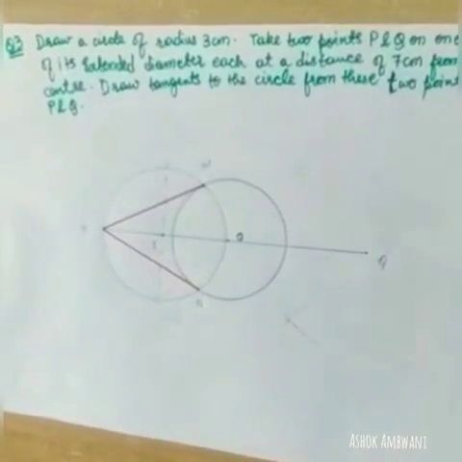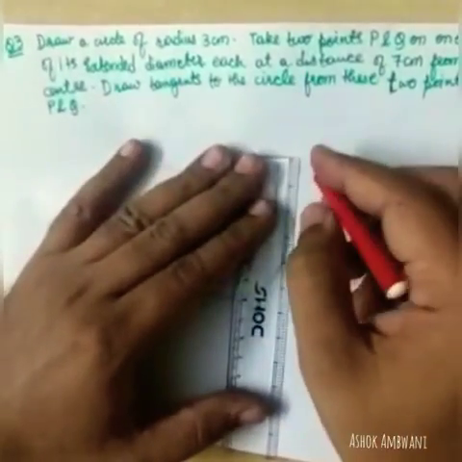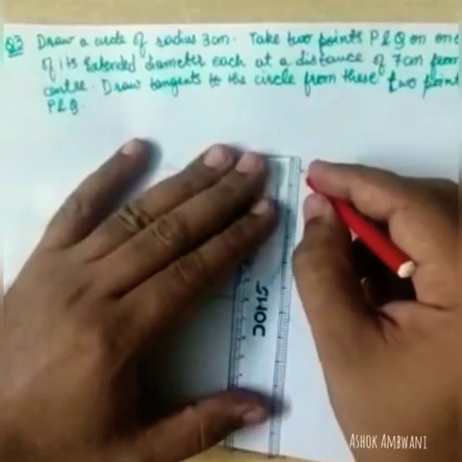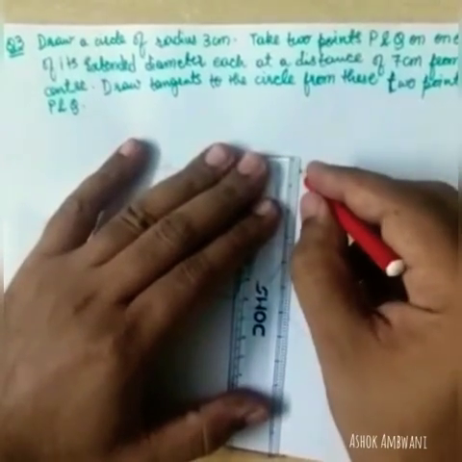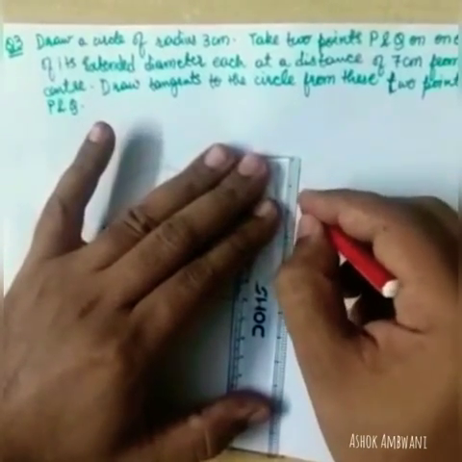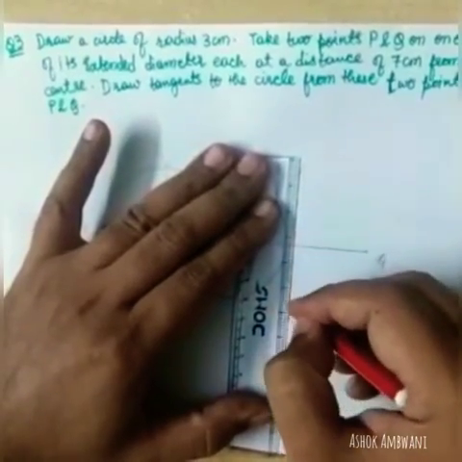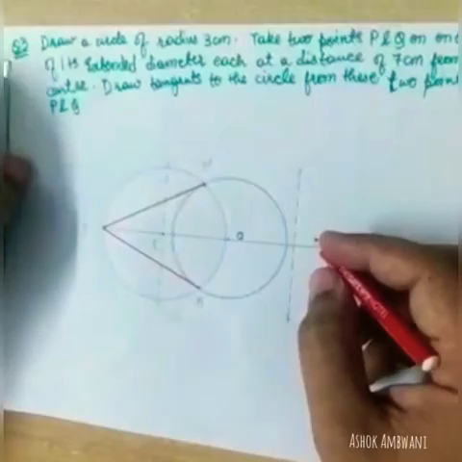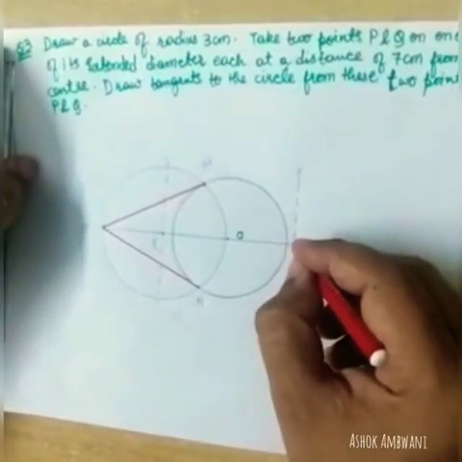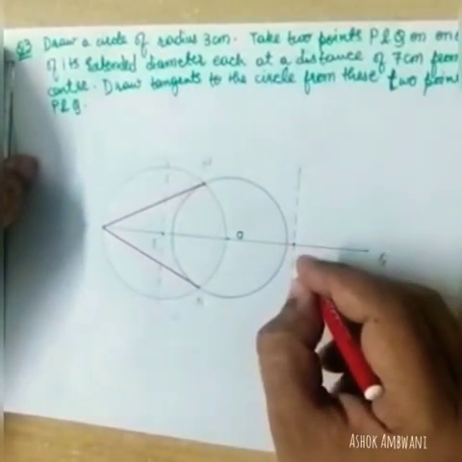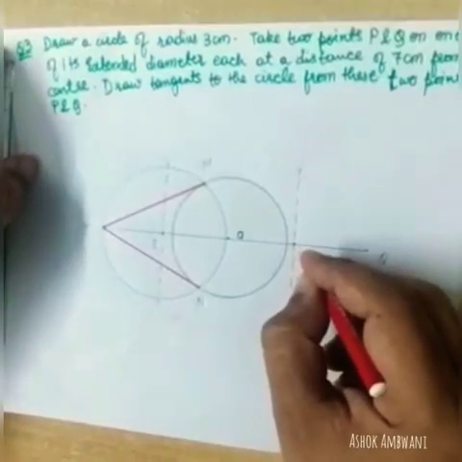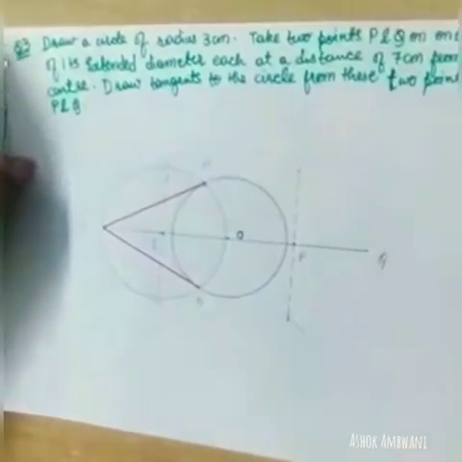You need to obtain the midpoint by joining the points of intersection with a dotted line. In this way I have obtained the midpoint F of OQ.